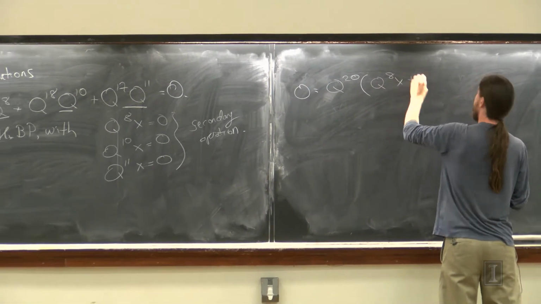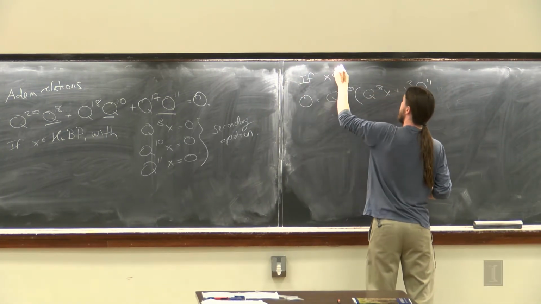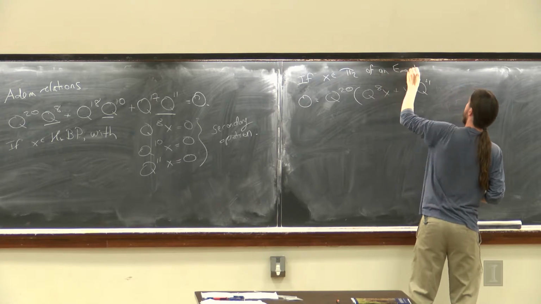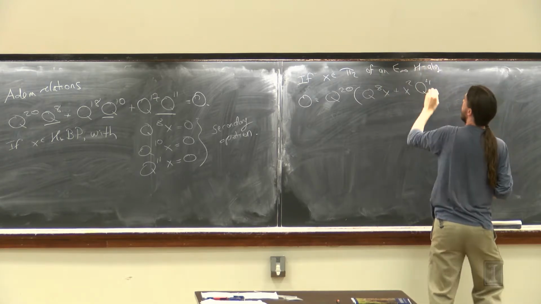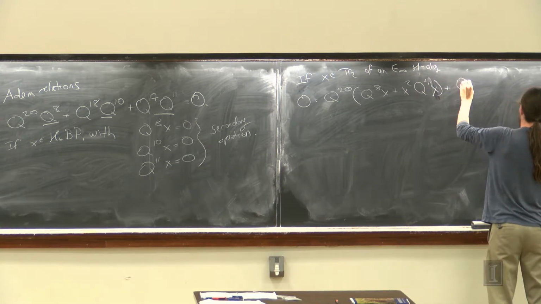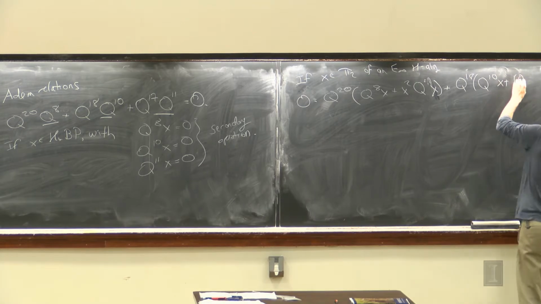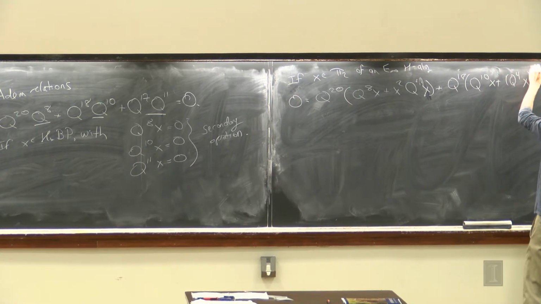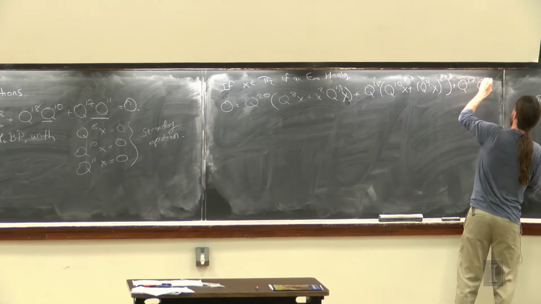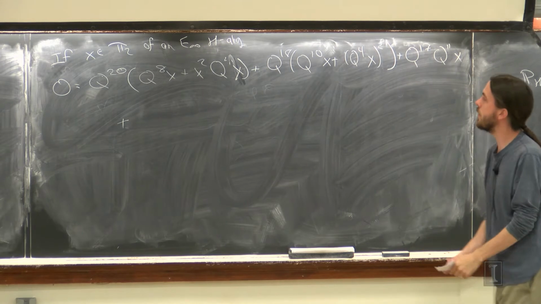So if X is in pi 2 of an E-infinity H algebra, then this plus... so this looks like a corrected version of the Adem relation.